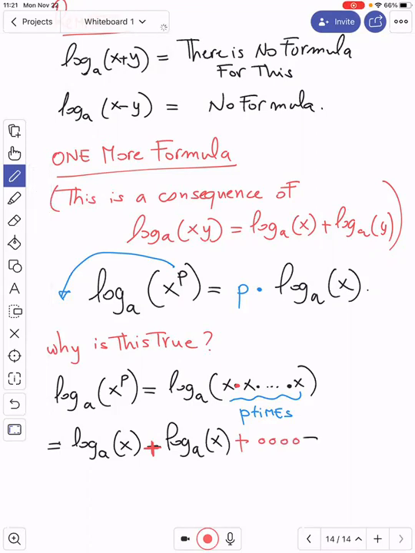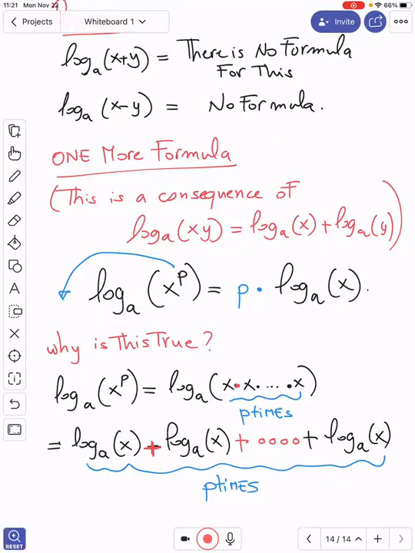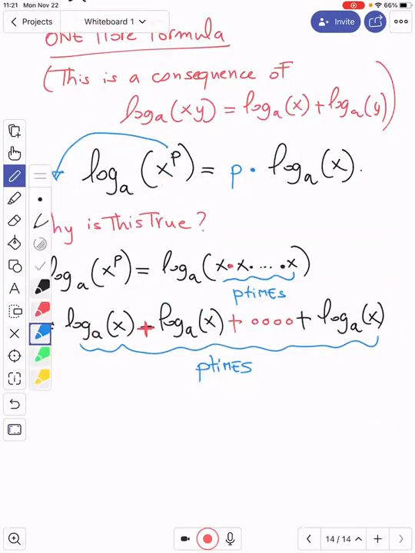So then that's p times log of x in base a. So the answer is p times log in base a of x.